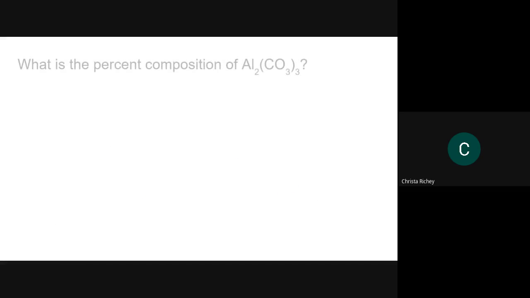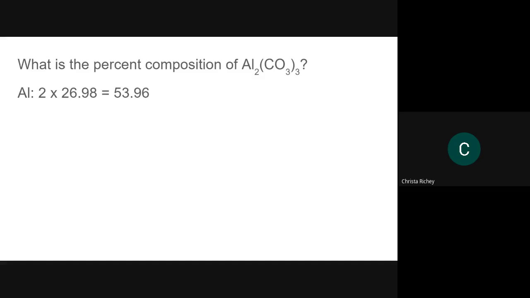Okay. Percent composition. Most of you seem to pick up on this pretty easily. I did notice that if you got them wrong, it was the two that asked what is the percent composition of sulfur dioxide in sulfuric acid? Those were the ones I noticed were not being done right.